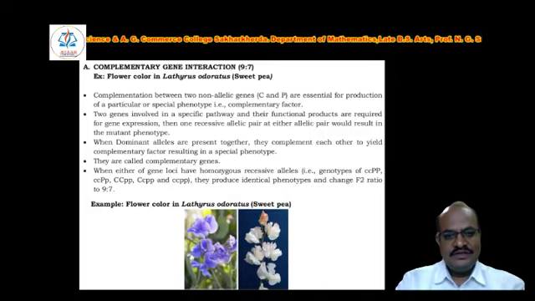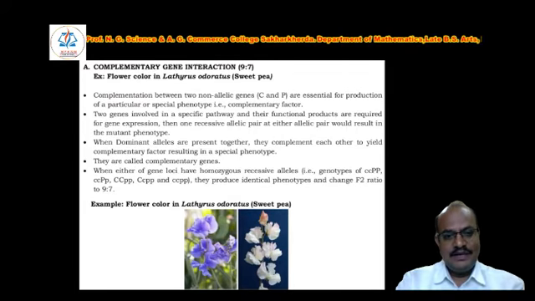Then one recessive allele pair at either allelic pair would result in a mutant phenotype. This means if one of the alleles is recessive, then the given phenotype is not expressed. When dominant alleles are present together, dominant alleles are always expressed.